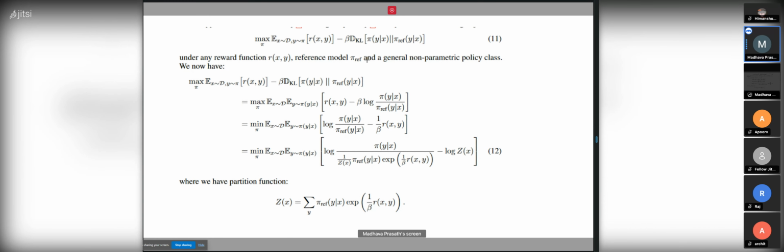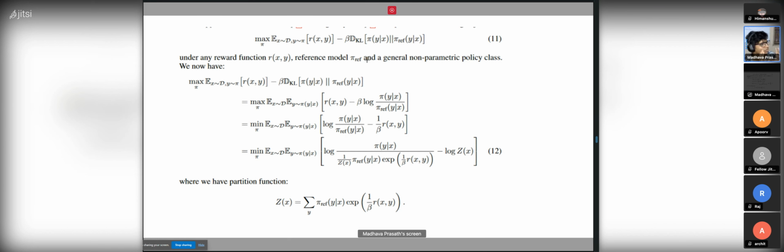So in direct preference optimization, what they do is this: the reward model, you have to additionally train it, and if you want to additionally train some other model than the LLM, it's going to be absolutely costly. It's already costly to train your own LLM.